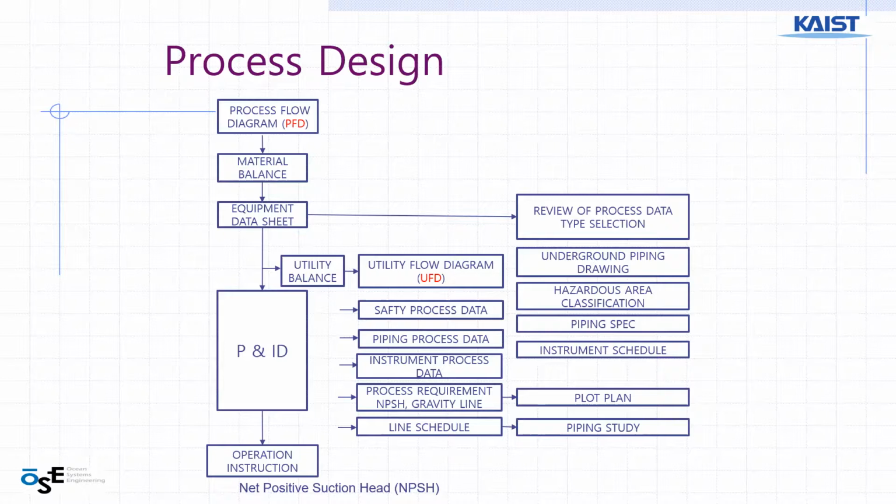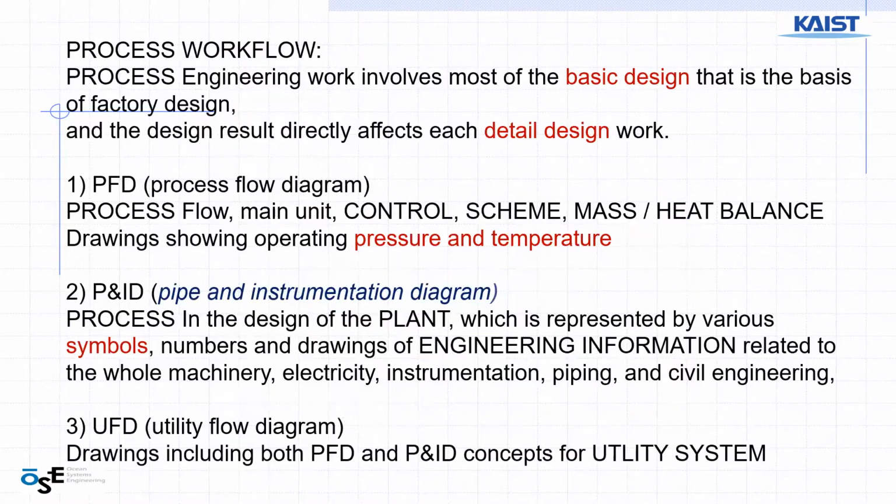And then also on the right-hand side, there's a utility flow diagram. It is similar to the process flow diagram, with the main flow line, but utility also has subsidiary flow diagrams. And then finally, based on the P&ID, there is an operation instruction and something like suction head. Right, so the process engineering is chemical process engineering.